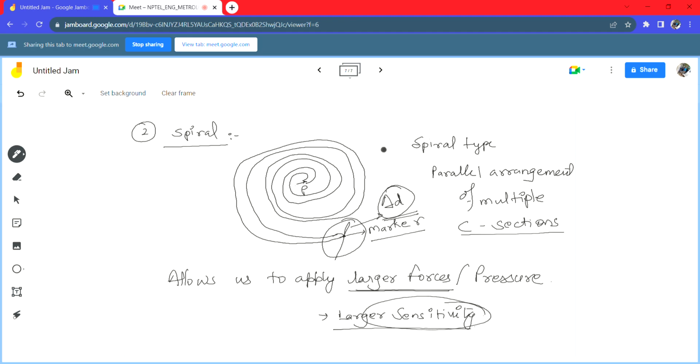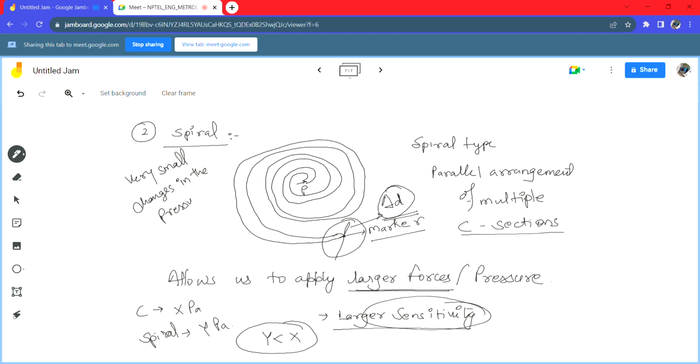This means that if C-type was capable of judging, say, X pascals, the spiral type can measure Y pascals, wherein Y is much lesser than X. So for very small changes in the pressure, we can use this spiral type device.